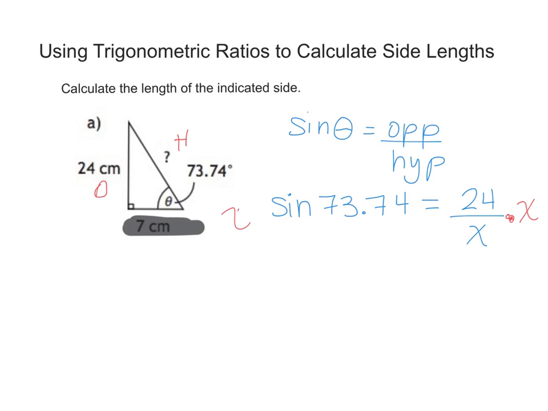Multiply by X. And that cancels this X out. We're left with X multiplied by sine 73.74 equals 24. And to get X by itself, because it's multiplied here, I need to divide.